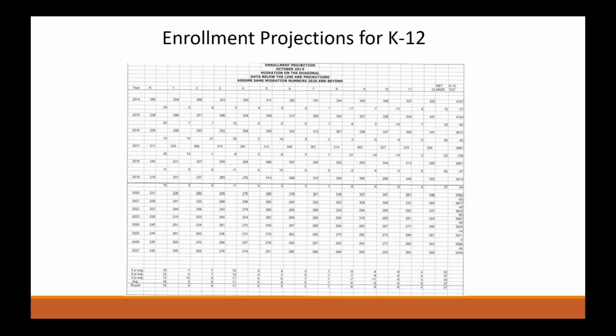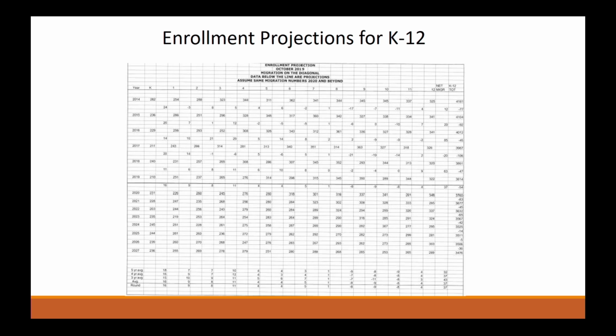And then, of course, for reference for future years, we use these averages of migration: we take the kindergarten in 2020 and we add 16 students, and we'll have 247 in 2021 in first grade.